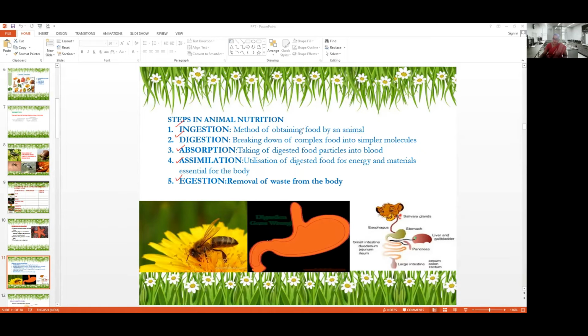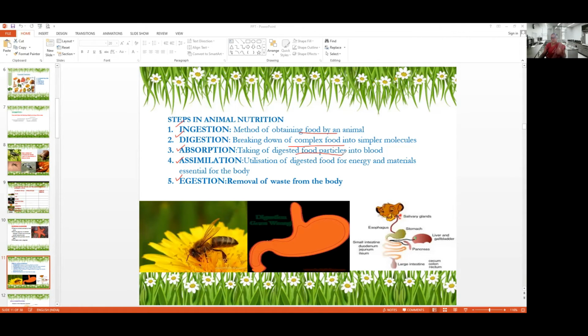Okay. What do you mean by ingestion? Method of obtaining food by an animal. What is digestion? Breaking down of complex food into simpler molecules. What is absorption? Taking of digested food particles into the blood, because it should go into the blood, then only all the nutrients will be passed on to the whole body.